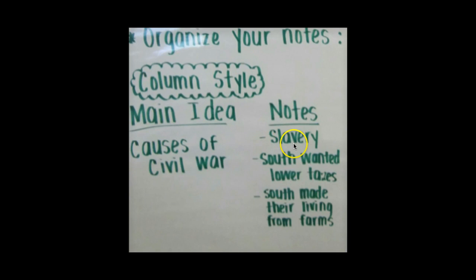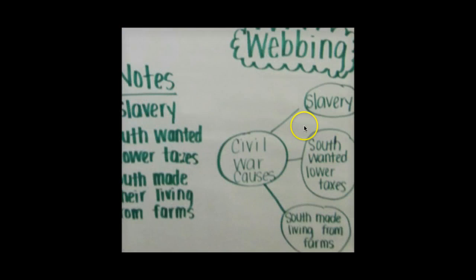For instance, slavery, South wanted lower taxes, South made their living from farms. You can see those aren't complete sentences, but this isn't your paper, these are your notes. This is to help you to come up with complete sentences in the future when you write your final draft.